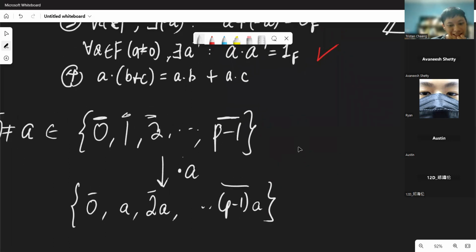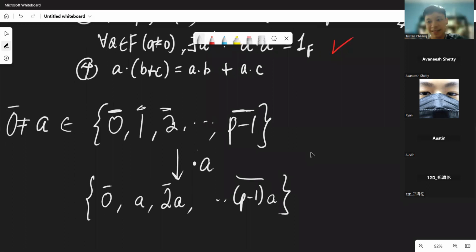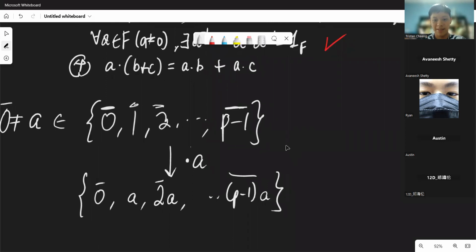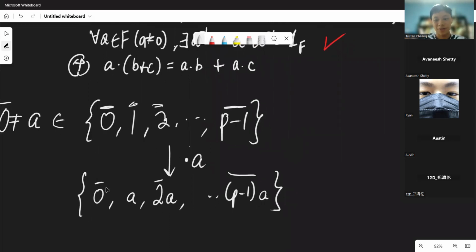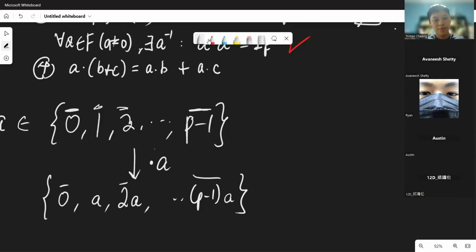And why is that? Okay, 0 goes to 0, that's obvious. But the remaining ones kind of get jumbled up. So what we're going to prove is, if two numbers, after multiplying by A, become equal, then I equals j.